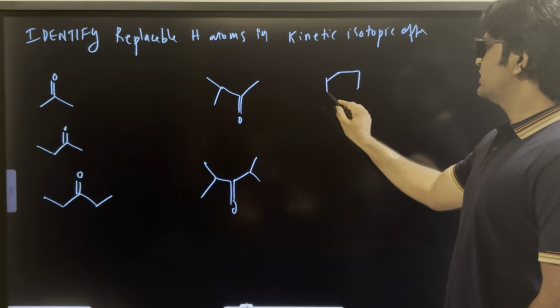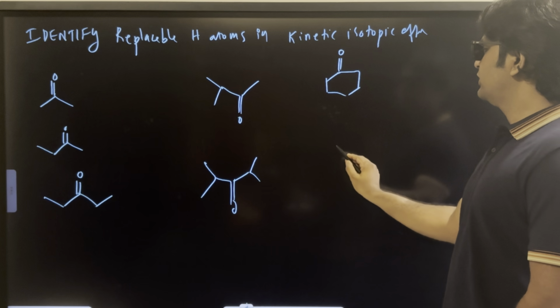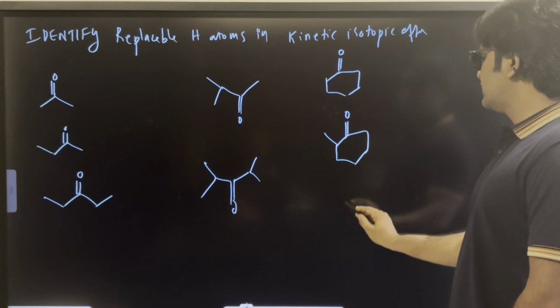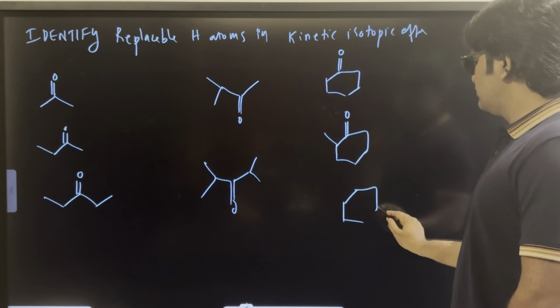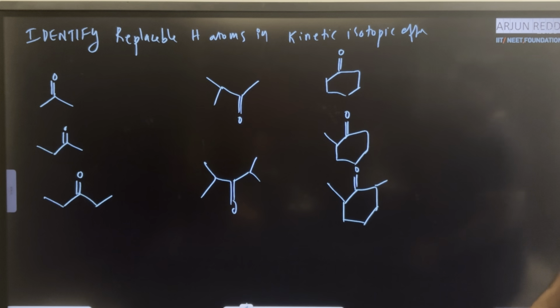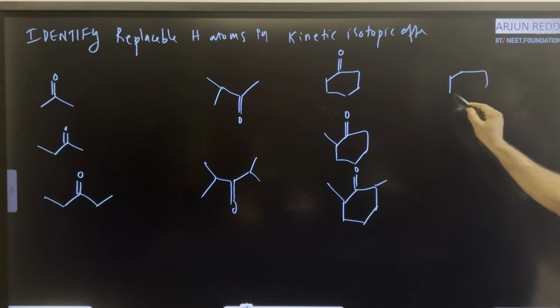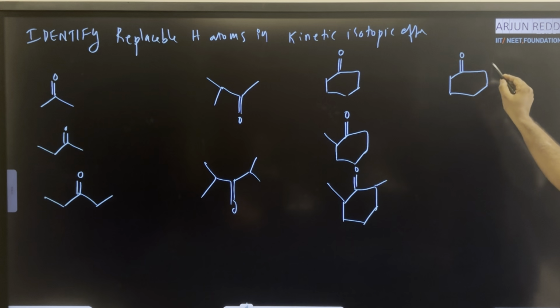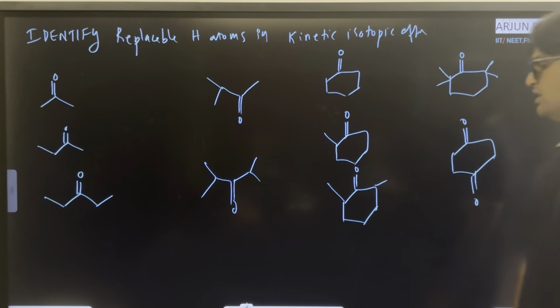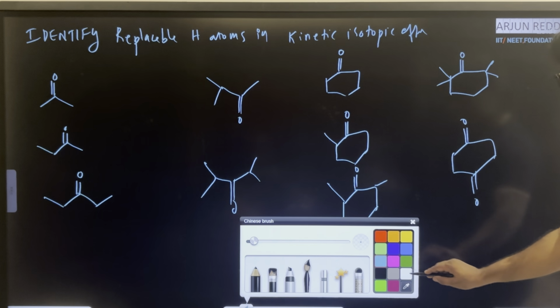And here you select cyclohexanone, very good, and cyclohexanone with a methyl group on one side, cyclohexanone with two methyl groups, one on the left side and one on the right side. And here you write this example: cyclohexanone with methyl groups on both sides. And another example, C double bond O and C double bond O. These are the given molecules. Identify the number of hydrogen atoms replaceable by deuterium.